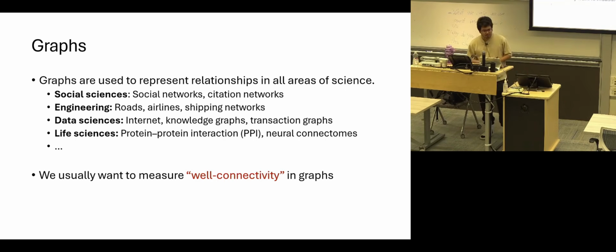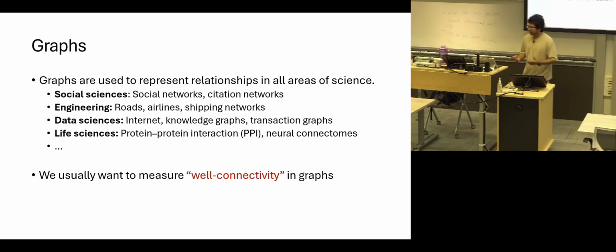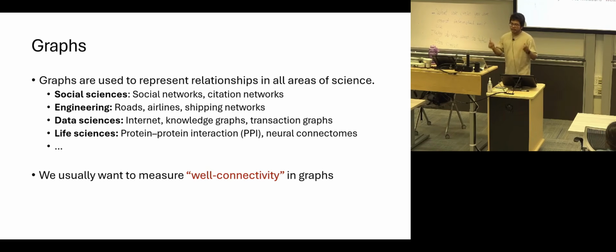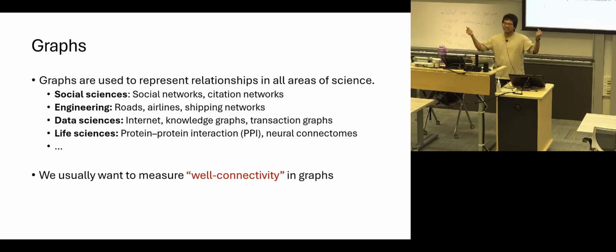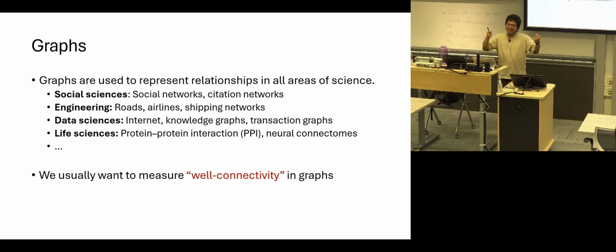One of the key questions that people care about with graphs is to measure how well things are connected. For example, if you have two places, A and B, how well is A connected to B?